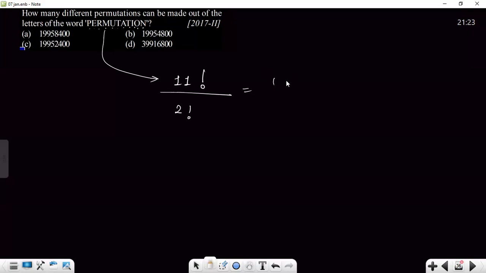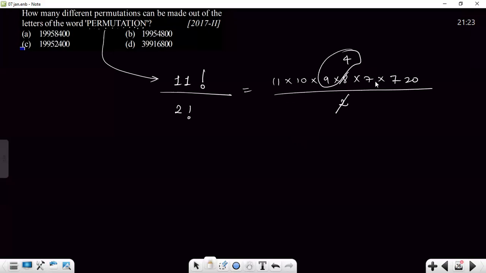Now we know 11 factorial can get expanded like this, down to 7 into 6 factorial. We are aware of 6 factorial, so let me write it. 2, 2 cancels, 8 by 4. Now we have to do a calculation. This becomes 36 and this becomes 77, and considering this will make it 770. This will become 36. This is 720 itself. So let's now multiply 770 and 720.